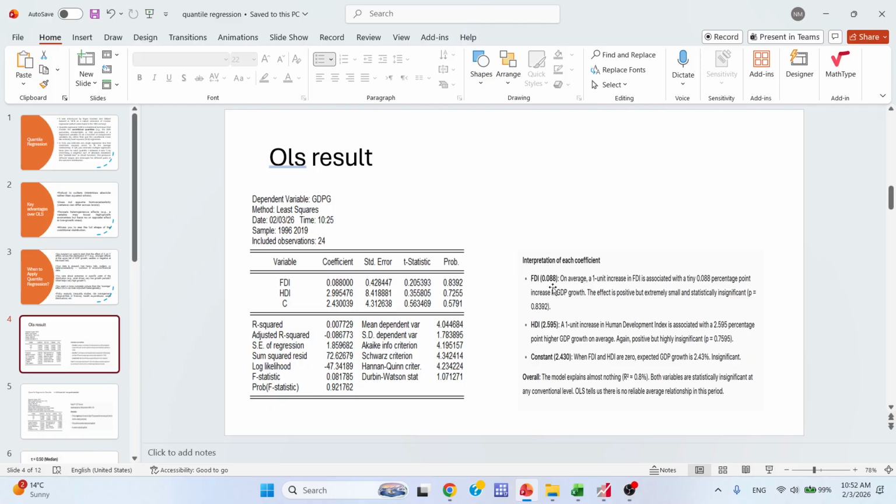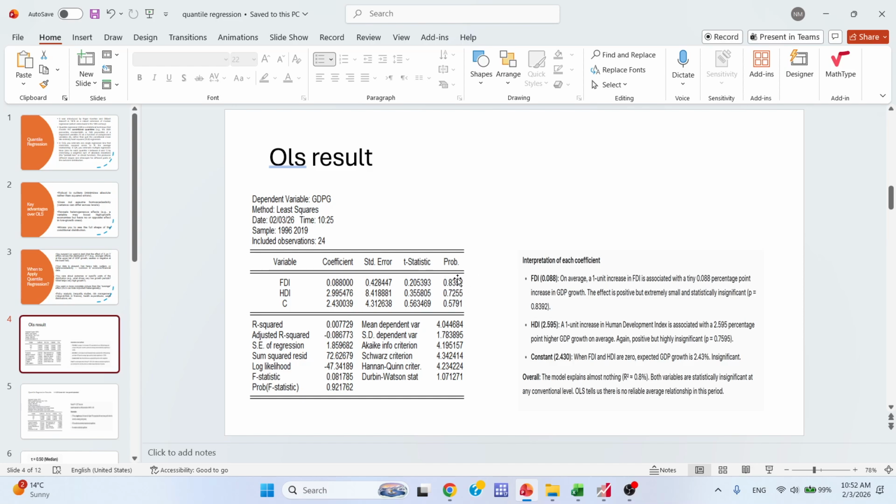The FDI coefficient is 0.08. So on average, a 1 unit increase in FDI is associated with a tiny 0.08% increase in GDP. The effect is positive but extremely small and statistically insignificant. For significance or insignificance, we have to look at the p-value.